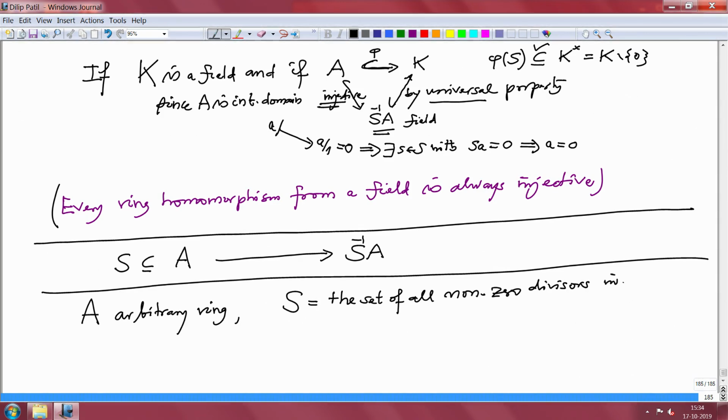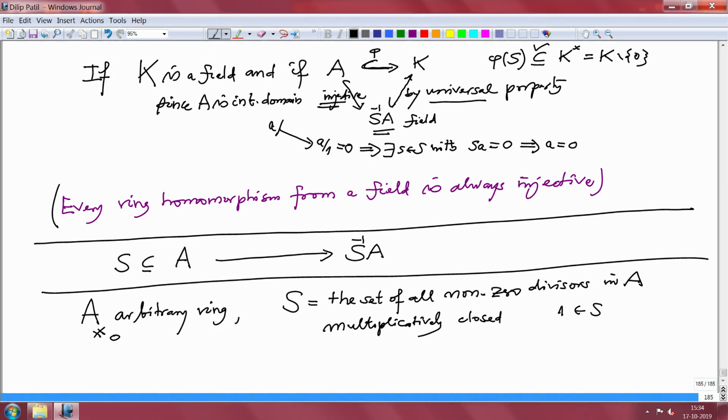In the ring A. And first note that S is multiplicatively closed. To check that, we have to check that 1 is in S, which is obvious, since 1 is a non-zero divisor in the ring. Of course, we are assuming A is non-zero, so 1 is not equal to 0.